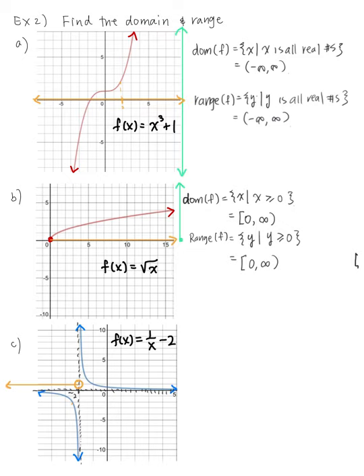Now let's go towards the positive side, the graph that's in quadrant 1. Okay, so where is the graph starting? So let's see. Our tail end here is never going to touch x equals negative 2.